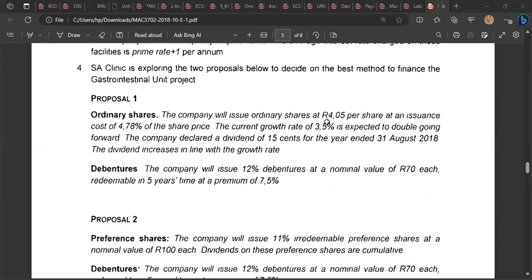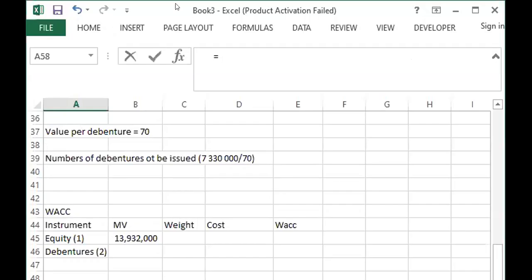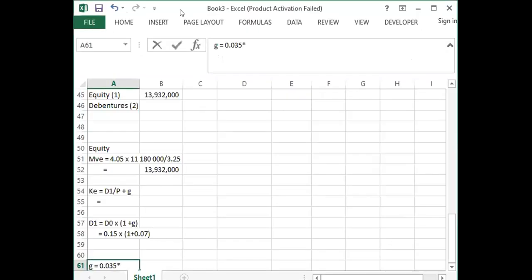Let's show the workings for that. We said it's 0.15 times 1 plus 0.07, which is the growth rate, which we're going to show how we got to. G is equal to 0.035 times 2.